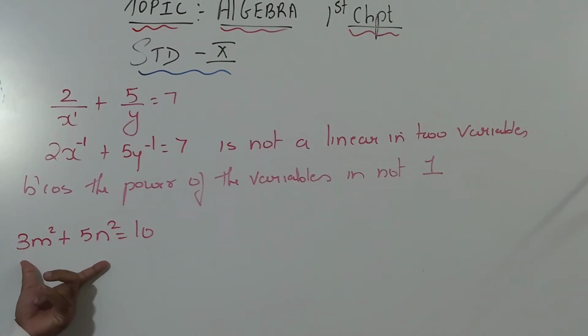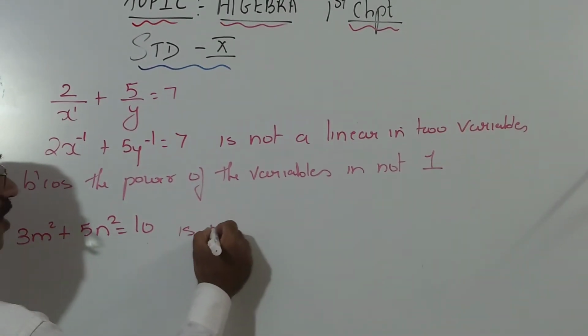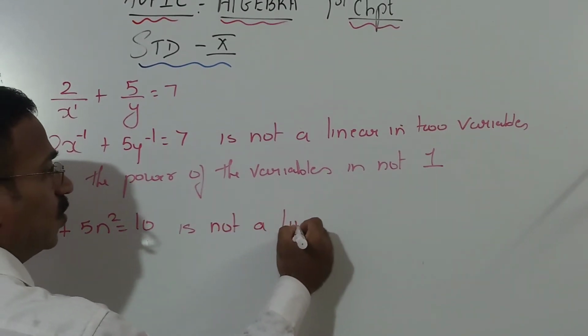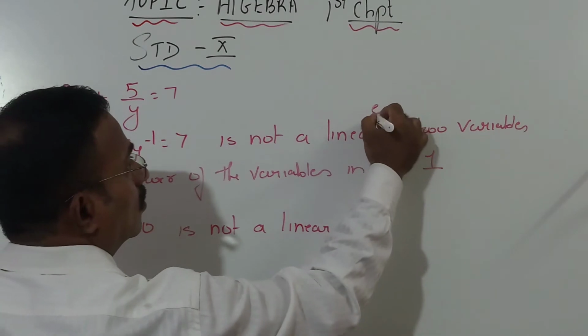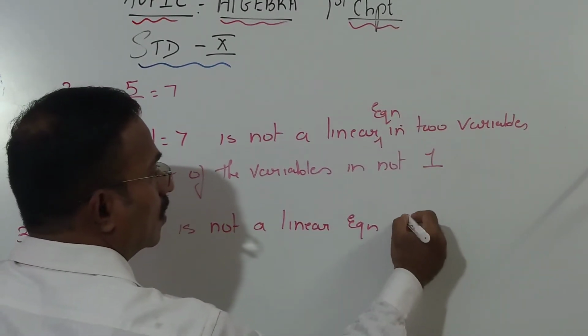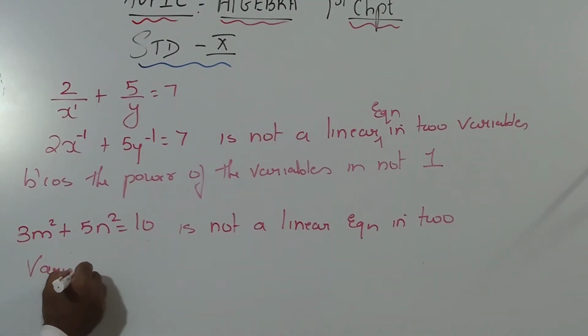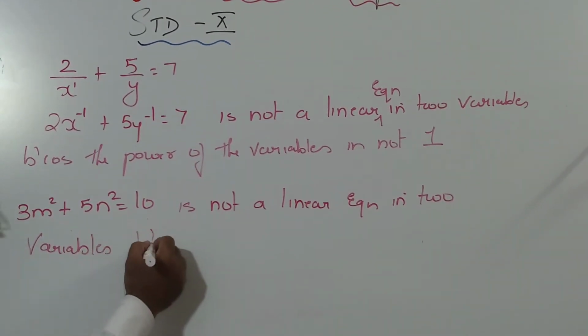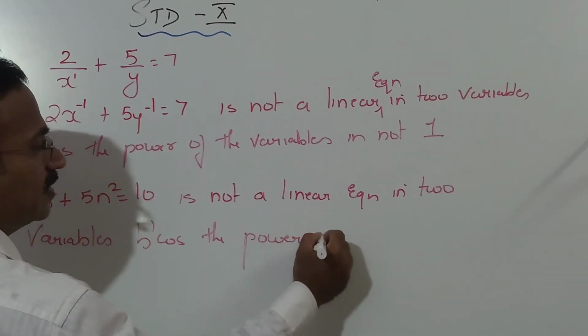But look at the next example. Is this a linear equation in two variables? I will say no, it is not a linear equation in two variables, because the power is 2.